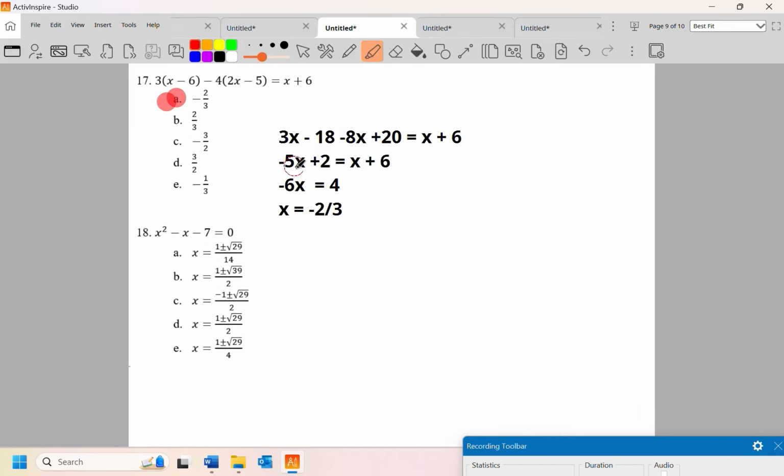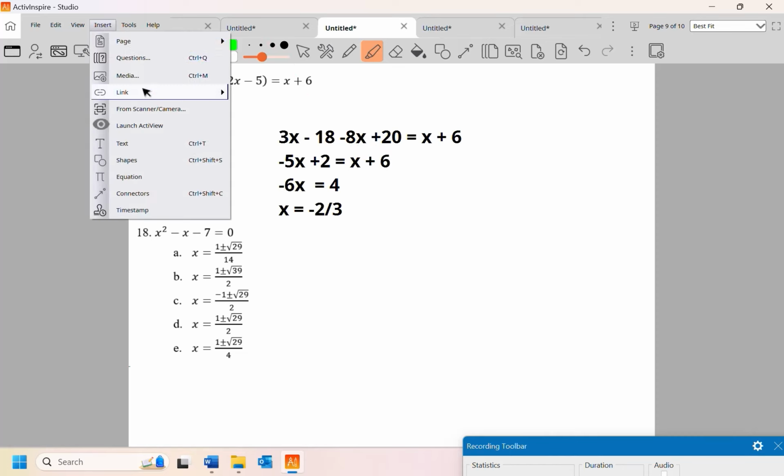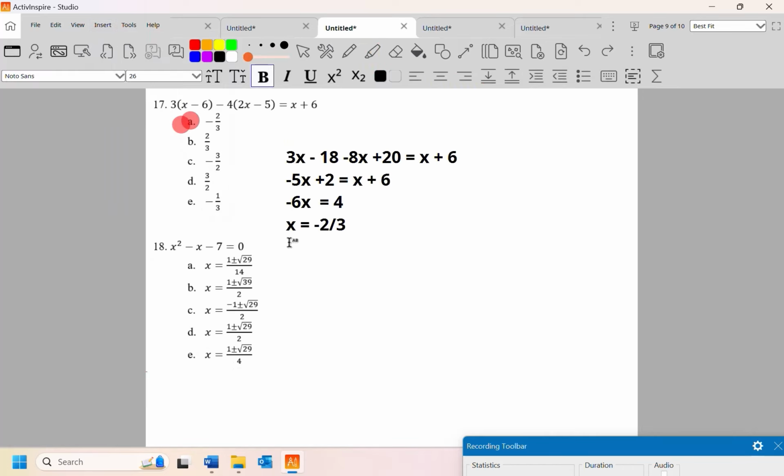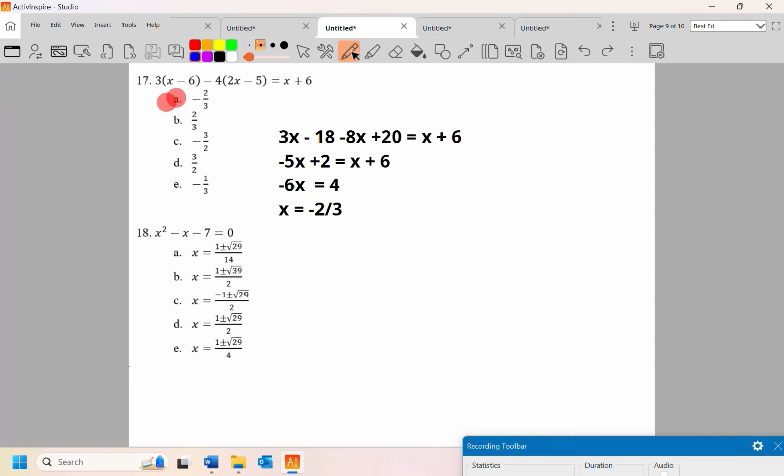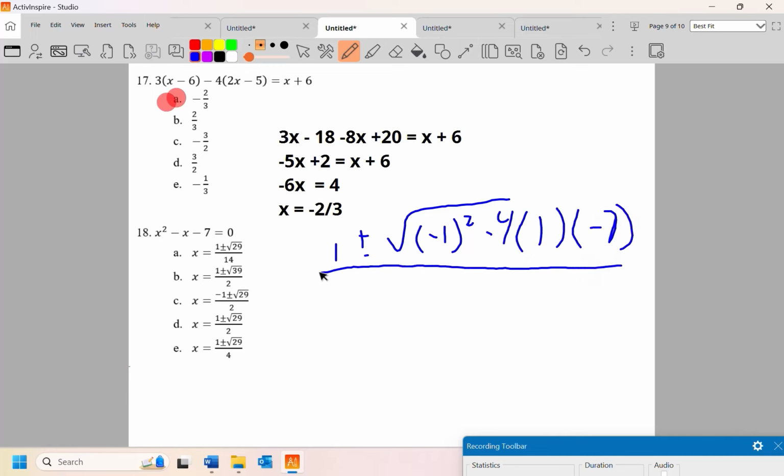18, we've got a quadratic formula problem because it ain't going to factor. I hate typing these out. All right. So it's x equals negative b plus or minus square root b squared minus 4ac, all over 2a.